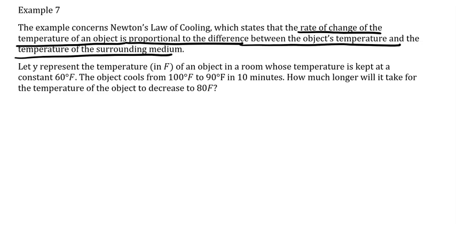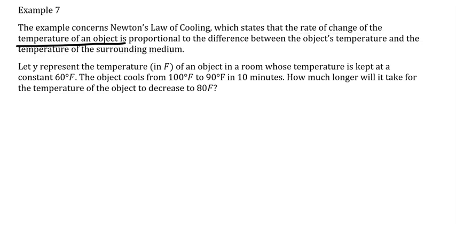So first let's set up a differential equation using the fact that the rate of change of the temperature of an object, where y is the temperature of the object, would be represented by dy/dt.